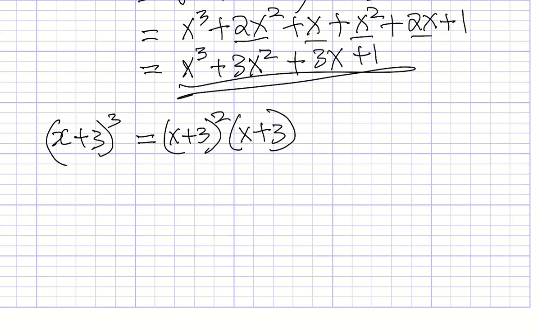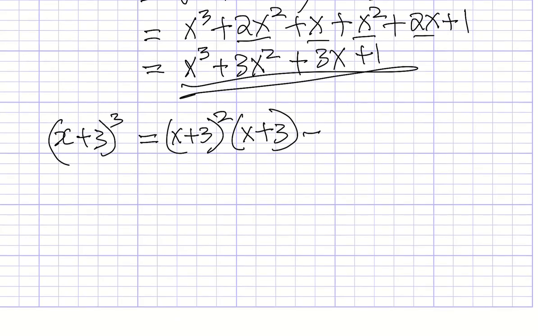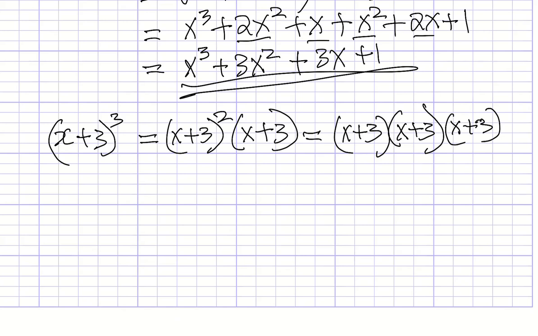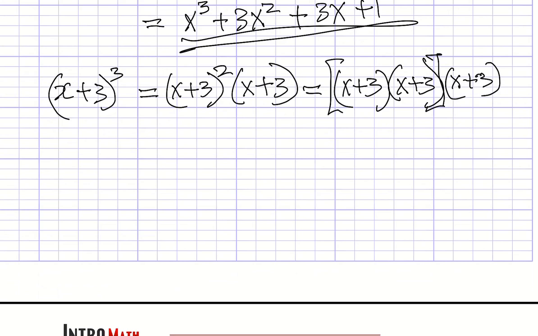Now notice that you can write it like this: x plus 3 times x plus 3, and then x plus 3. So if you want, you can do this first and then catch up with the other one. We can do it that way. It doesn't hurt anything.